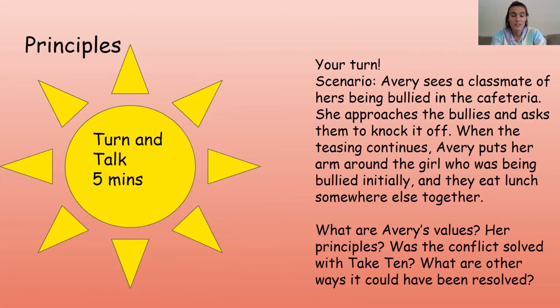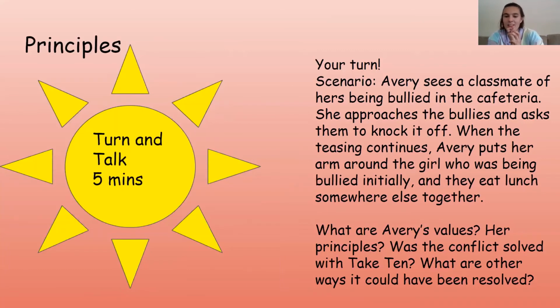The other two questions I had that I didn't ask earlier are, was the conflict solved with Take 10? And what are other ways it could have been resolved? I want you to just think about that for a little bit. What do you think?